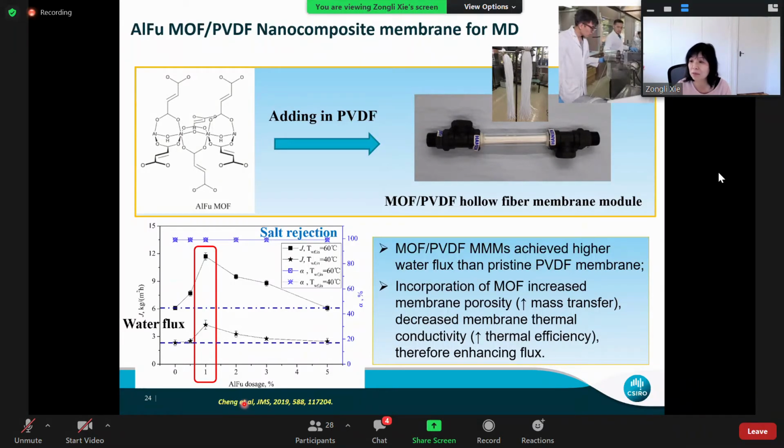The other thing is that the morph itself has different thermal conductivity, and because of the increased membrane porosity, we decrease membrane thermal conductivity, and then we also achieve high thermal efficiency. So combining all of those things together, we have achieved high water flux.